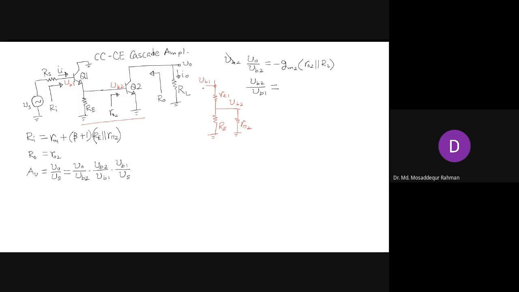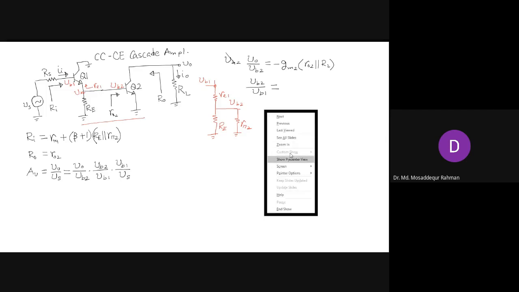So that's the T model, and you can usually visualize it from here. RE and R pi in parallel, and then looking into the emitter, because you are on the emitter side of Q1, the resistance is RE1, right? And that is the voltage VB1 here, and the voltage at this end is VB2, right? So usually just apply voltage division. Don't need to draw it, and that is quite obvious from the diagram.